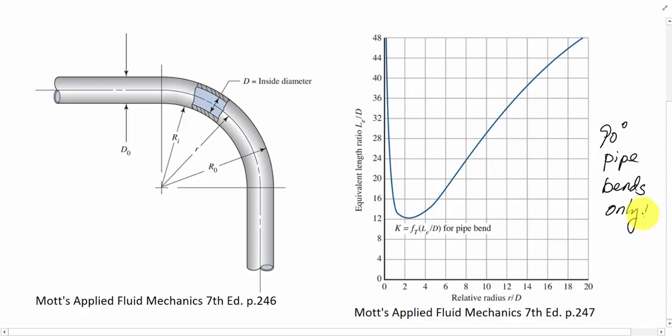It's actually a very interesting chart if you notice the curves, the minimum number occurred at this area from 2 to 4, so that's kind of the best relative radius ratio for a 90-degree pipe bend to get the minimum resistance. So it's some area over here.